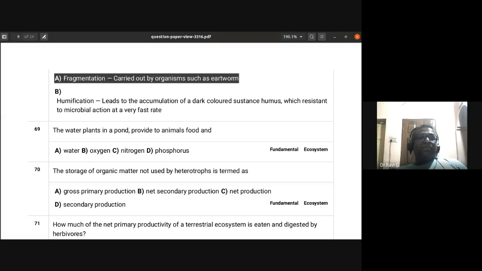So again, we have to check the definition of humification. Let me just check the definition of it.